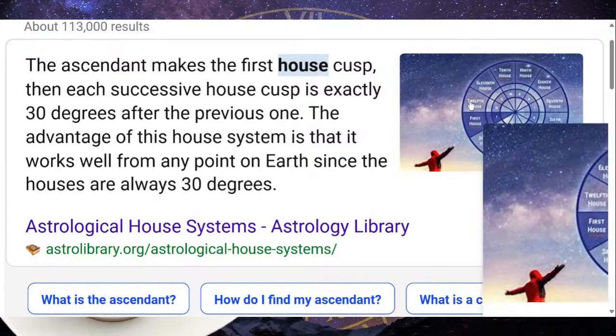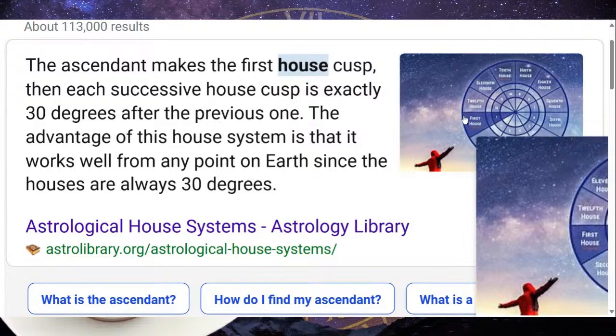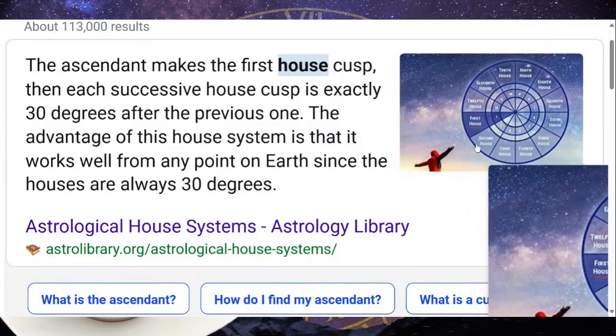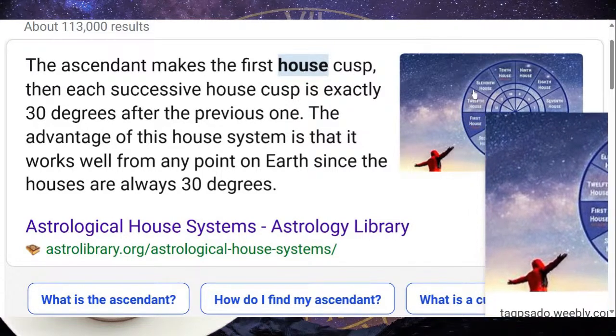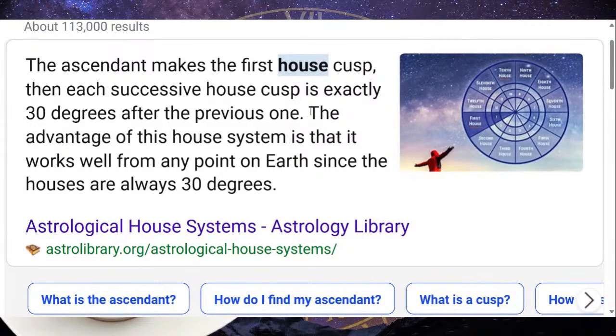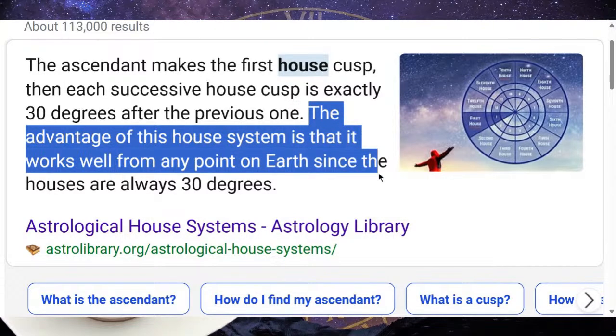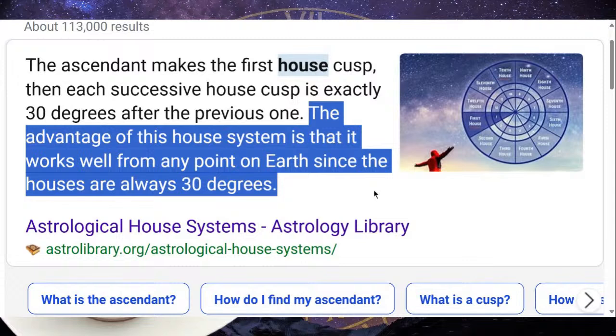So we just addressed in brief the 30 degrees that's in each zodiac sign. The advantage of this house system is that it works well from any point on Earth since the houses are always 30 degrees.